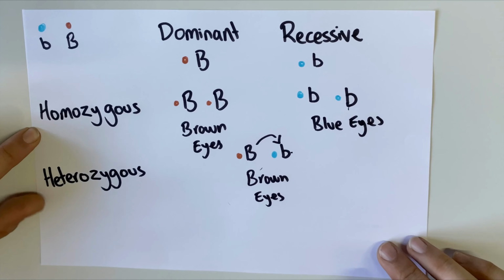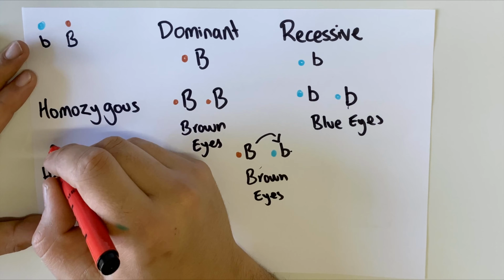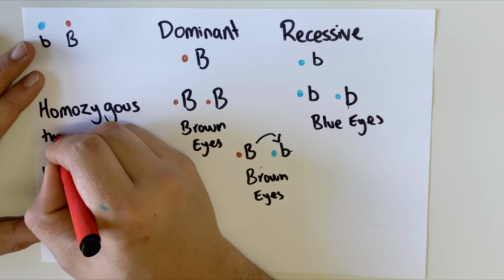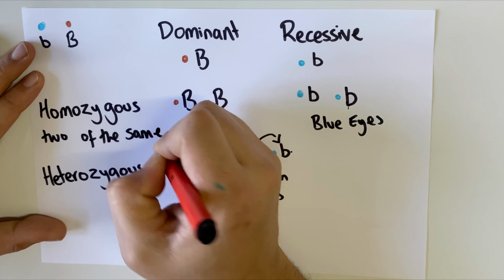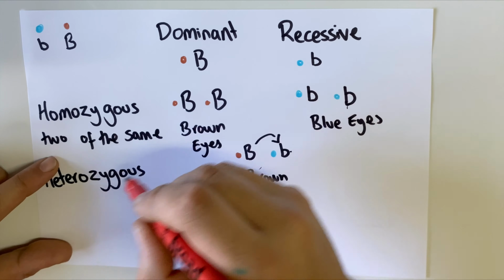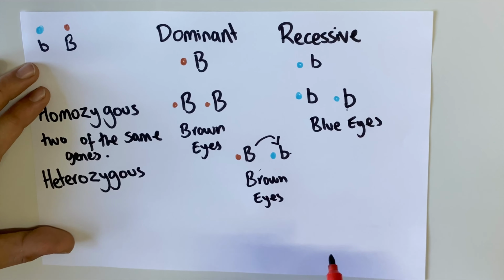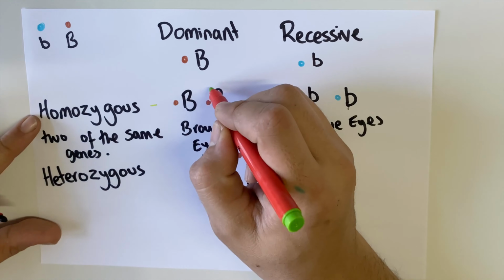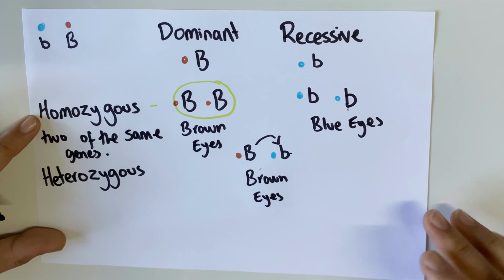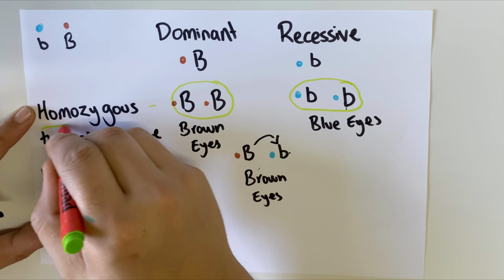And homozygous, which would be these 2, would be a gene or an organism that has 2 of the same genes. So you could say that in terms of homozygous, that would be a homozygous organism, and that would be a homozygous organism.